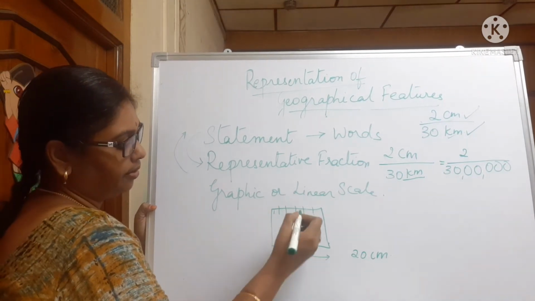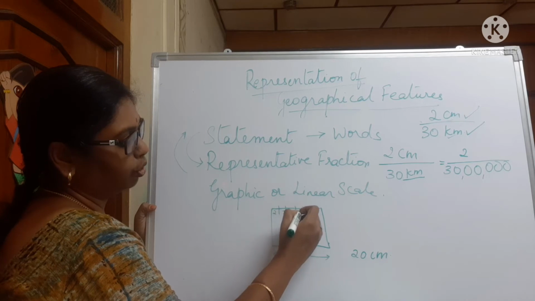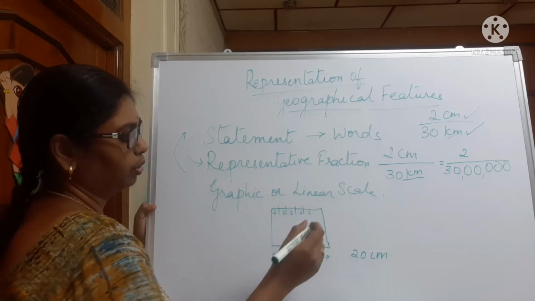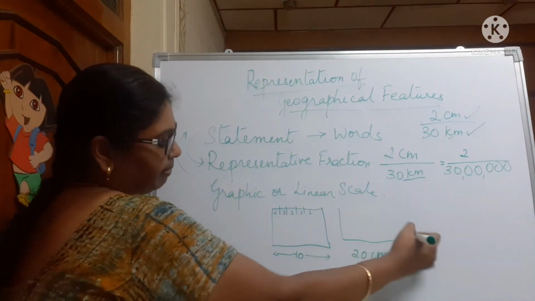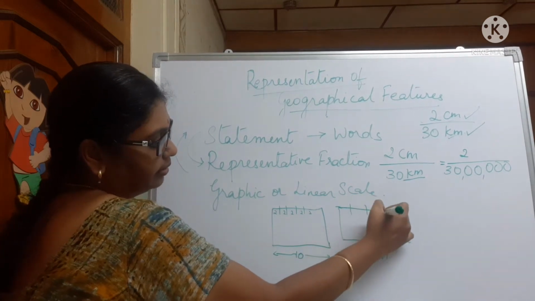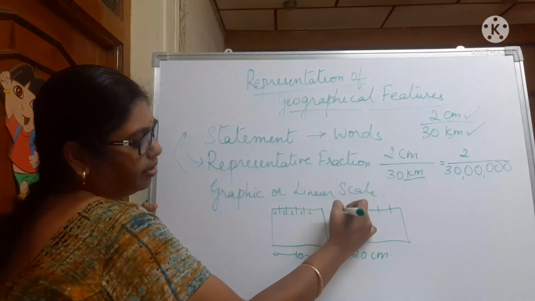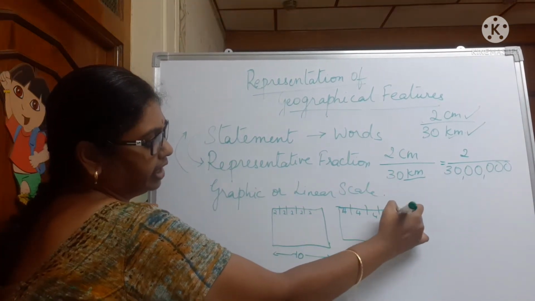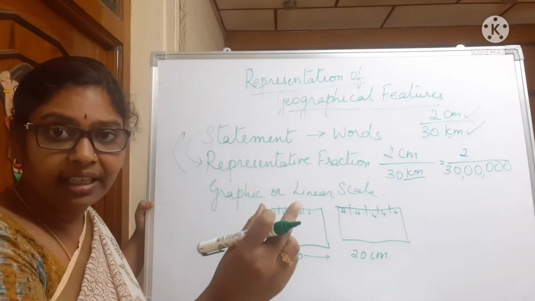these 5 divisions means 2, 2, 2, 2, 2. This 20 centimeter map becomes again 5 divisions only, 5 divisions with 4 centimeters each. The divisions will not change, but the distance between divisions changes.